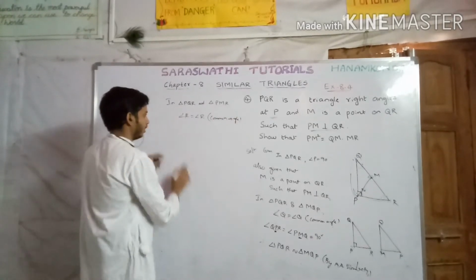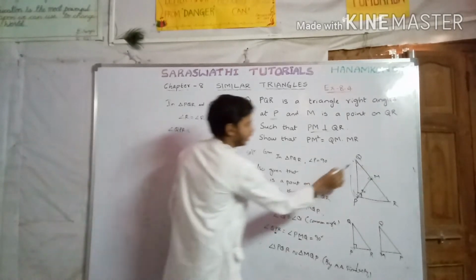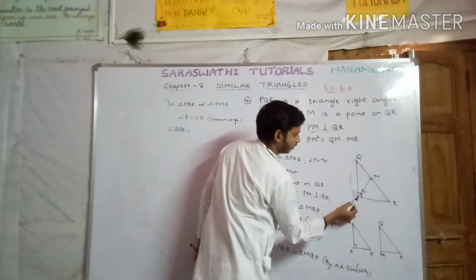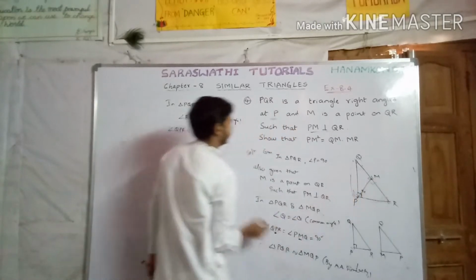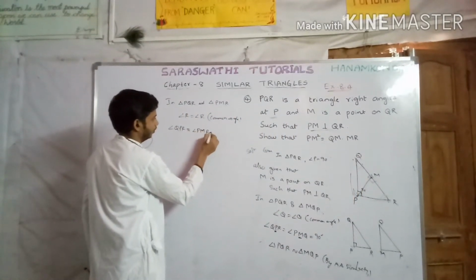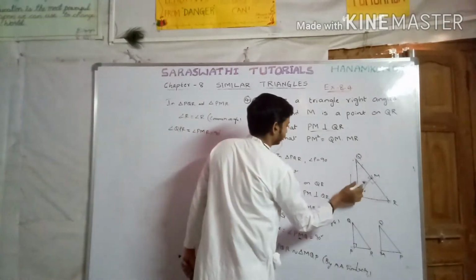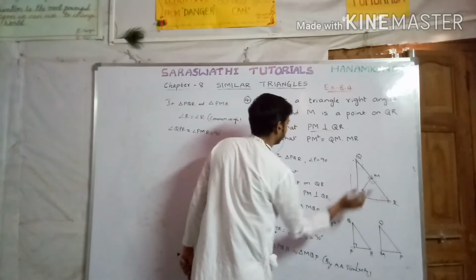Next, angle QPR equals angle PMR, which equals 90 degrees. Since PM is perpendicular to QR, we have taken angle PMR equals 90 degrees.